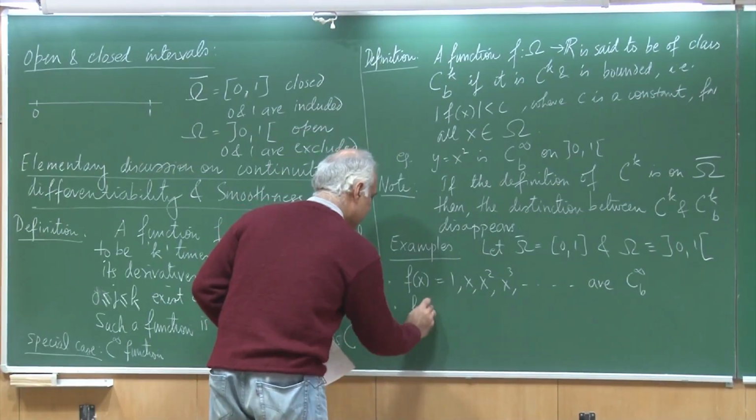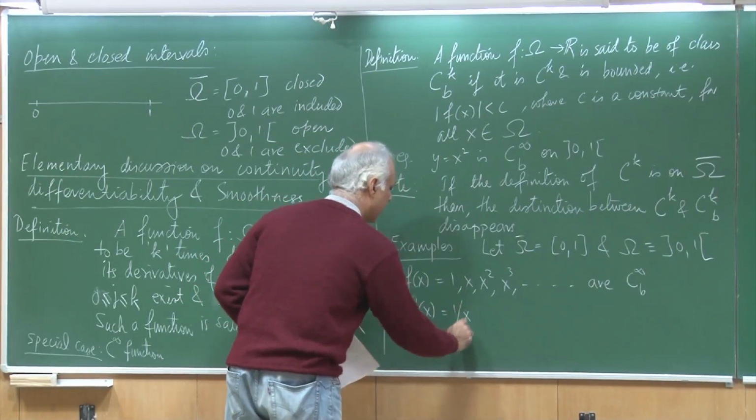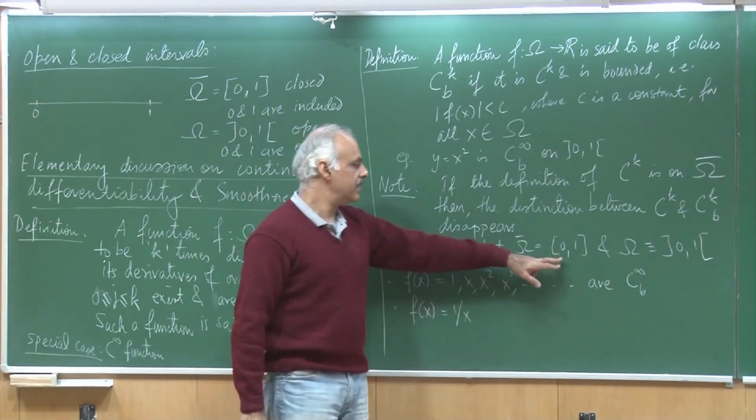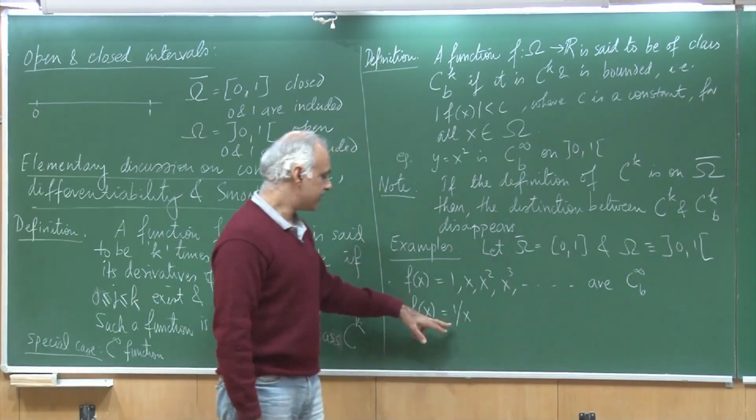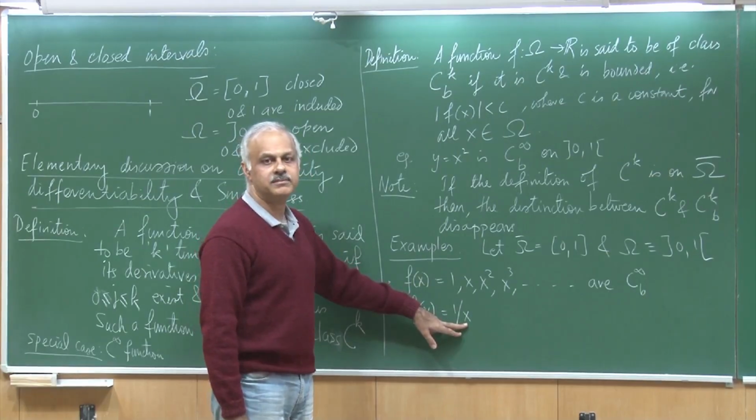If I look at f(x) equal to 1 by x, again on the same interval 0 to 1, now you will see that at x equal to 0 there is a problem.